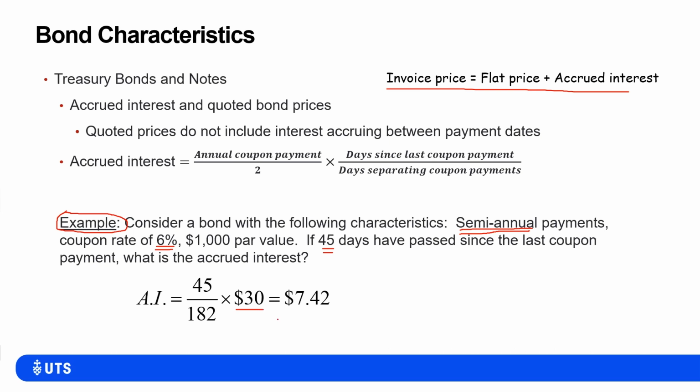Then we first divide by the number of days separating the two coupon payments, which is 182 days. And then we multiply by the number of days that has already passed, which is 45 days. That leads to the accrued interest in this question, which is 7.42.